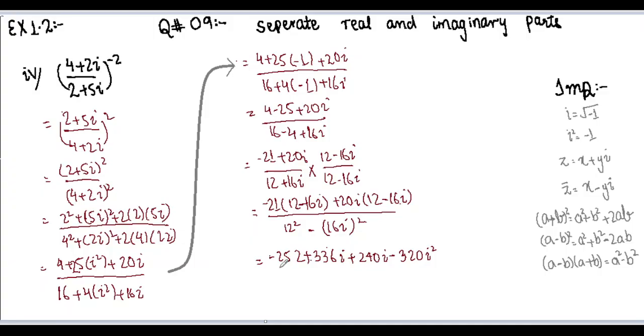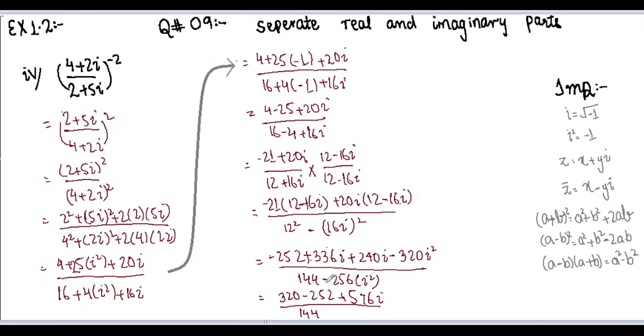divided by 12² gives us 144 minus 16² gives us 256 i². Equals, now minus 252, okay, 320 into minus 1 gives us a minus, so minus into minus gives us positive. 320 minus 252 plus 336 plus 240 gives us 576i, divided by 144.